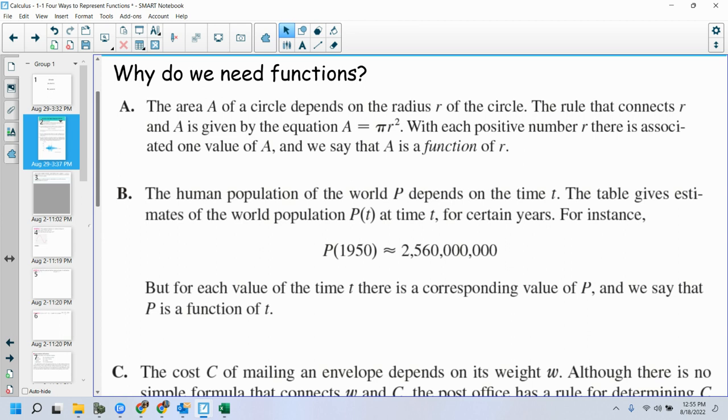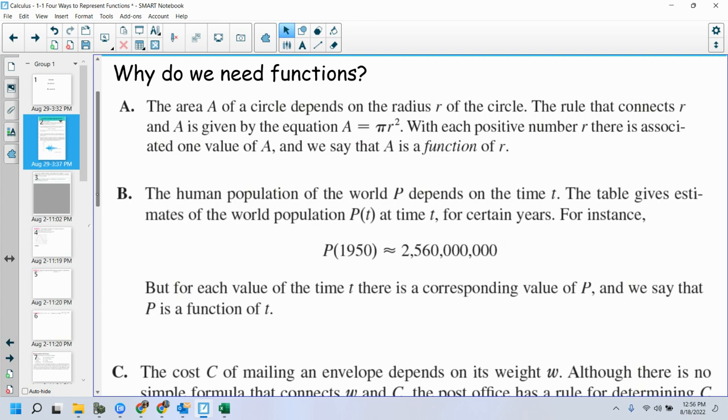For every value of r, I could plug in a different radius and it'll give me a different value for my area. It's not like I could get two different area values out by plugging in one radius. I'm talking about a function there: every one input gives one output. Doesn't matter what I choose as my radius, if I choose one distinct radius, I'm going to get one distinct area.